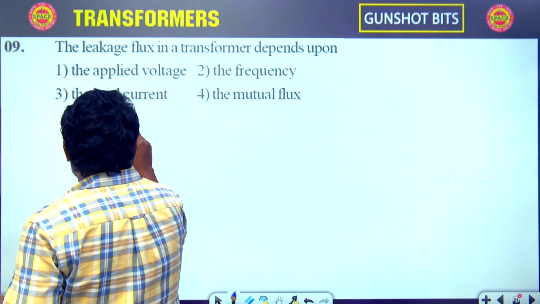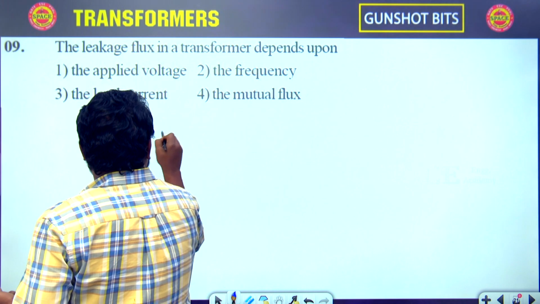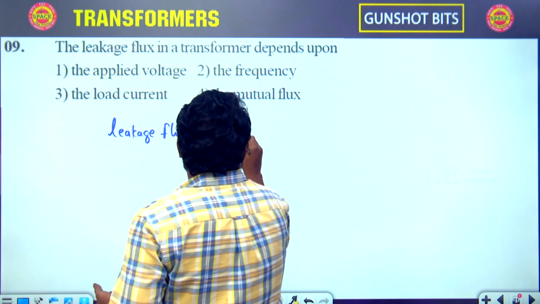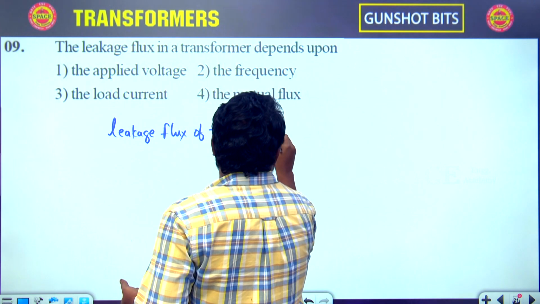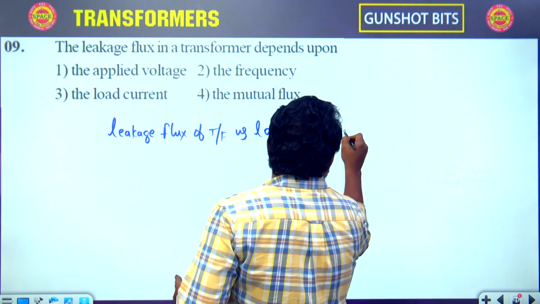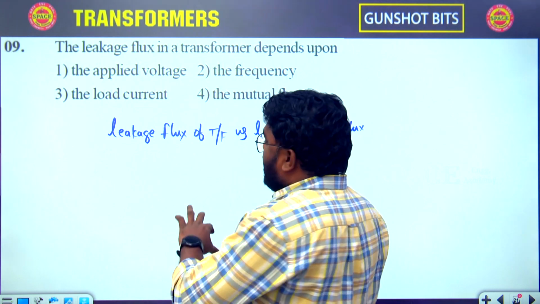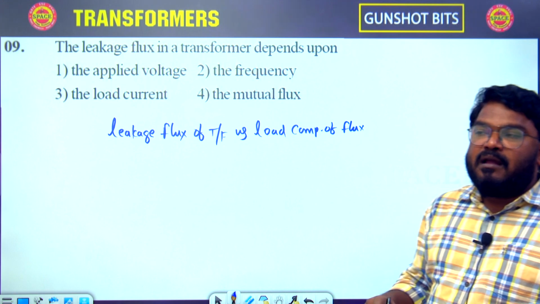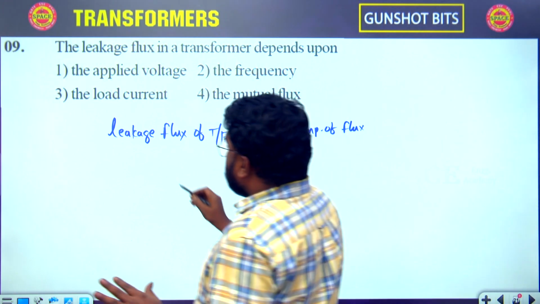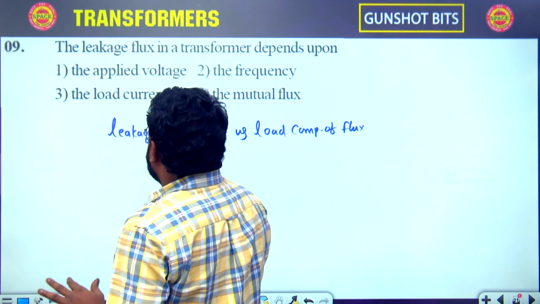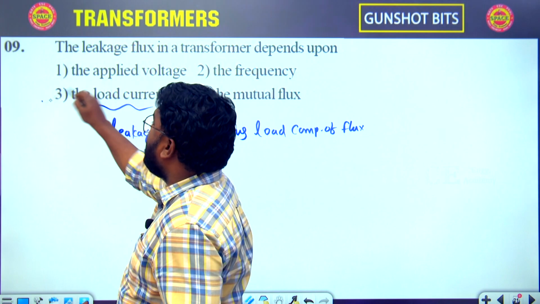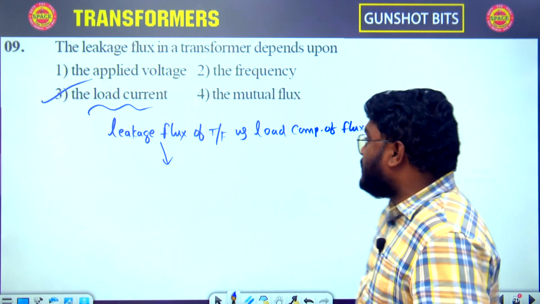It is the component of the flux which links either the primary winding or the secondary winding, but not both windings. So leakage flux depends on the load current or load variation. So option 3 is correct for this question.